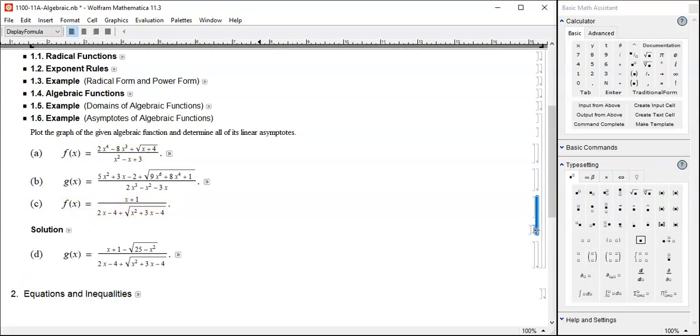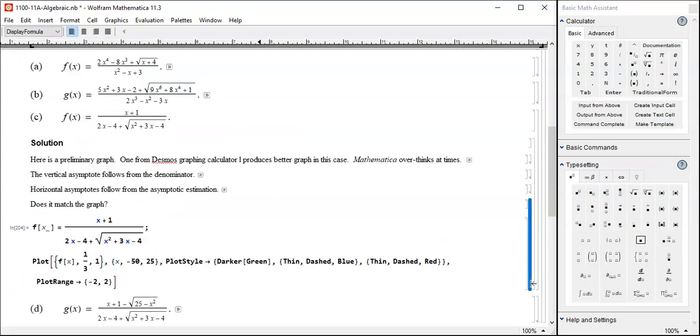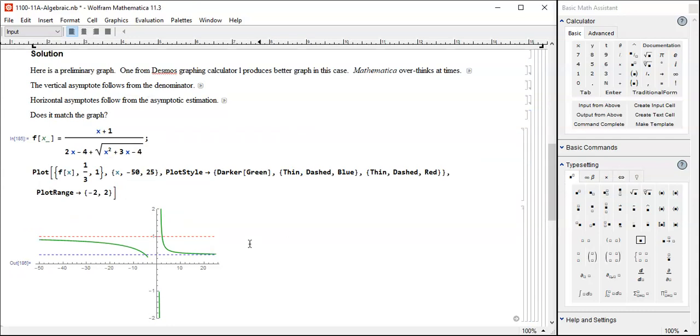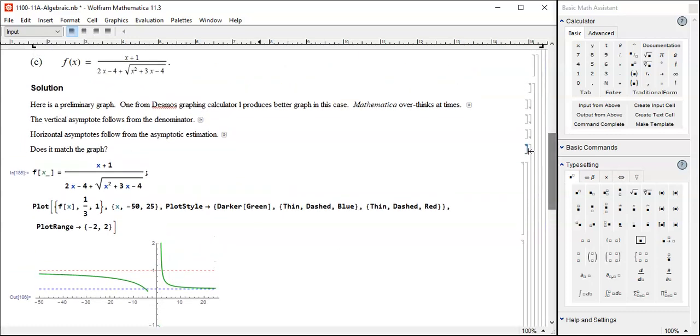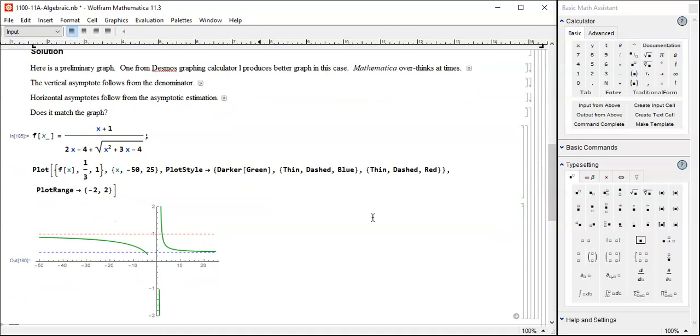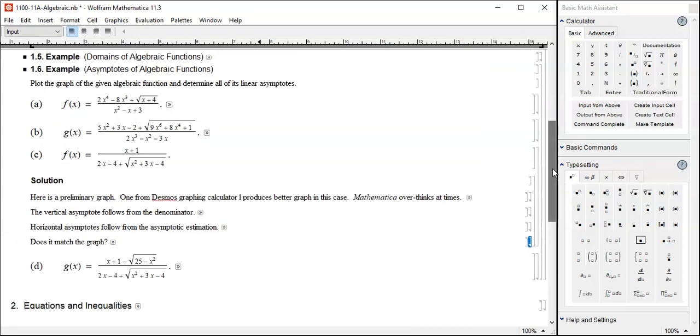The key again is the graph. If you graph it and you have two different horizontal asymptotes, here to the right and here to the left, you'll know. Because you graphed it, you anticipate two different horizontal asymptotes. So let's go ahead and do that for this problem.